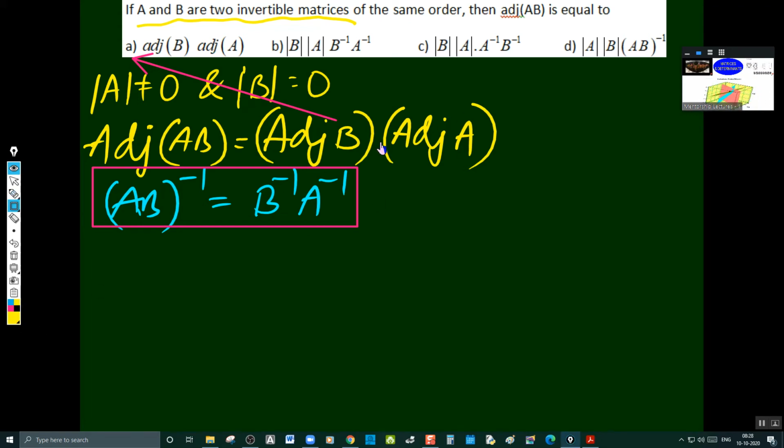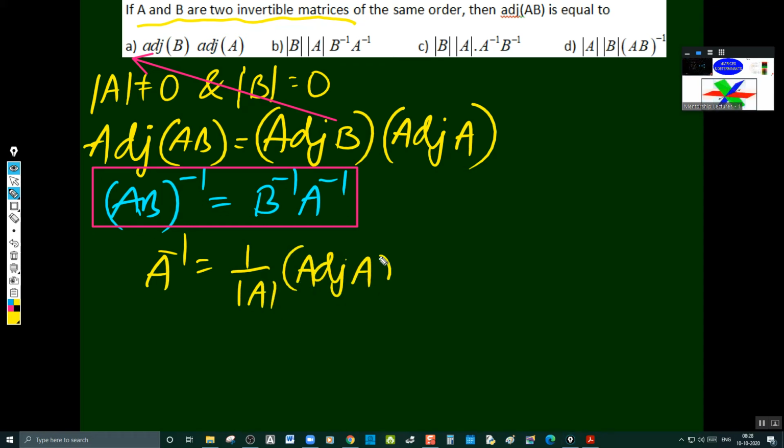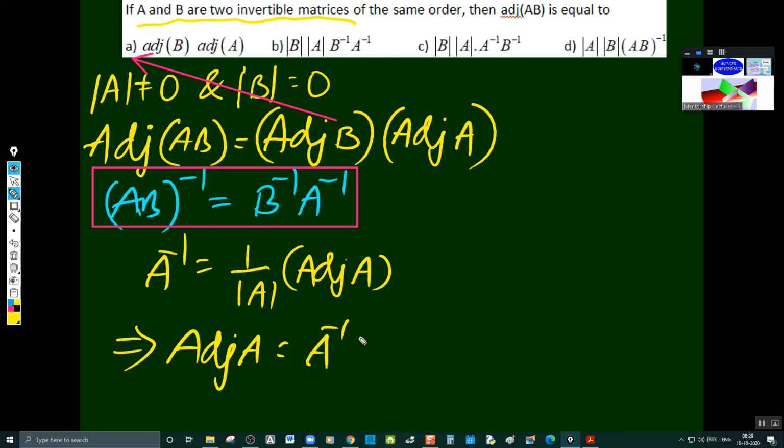Now, you know the related formula for A inverse. Just now I wrote A inverse is equal to 1 upon det A into adjoint A. This is a formula. Now from this one, what can be written? Adjoint of A is equal to A inverse into det A. Never get confused with the matrix and the determinant.